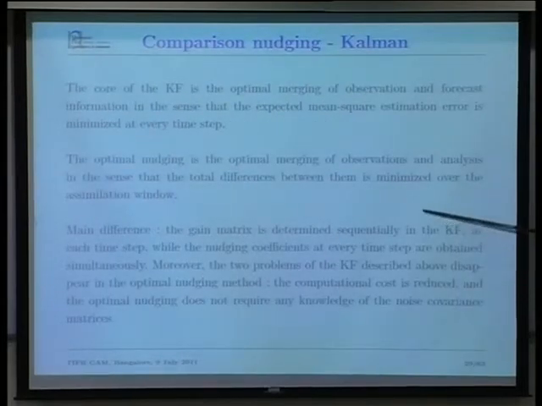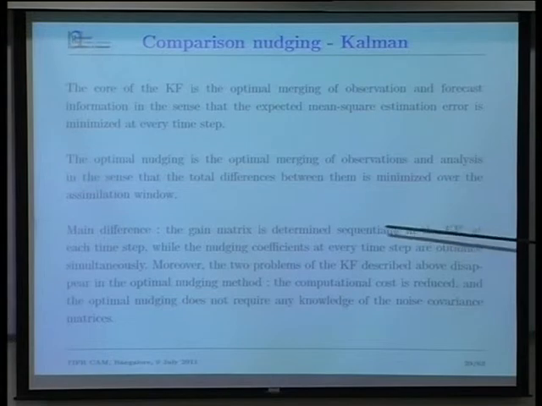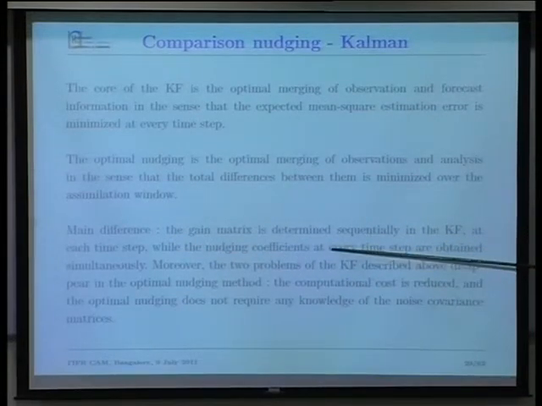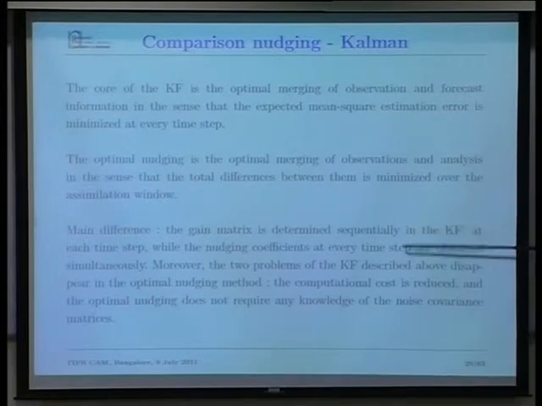In the Kalman filter, the gain matrix is determined sequentially at each observation time. And in the optimal nudging, you use the same nudging coefficients at every time step, and you determine the optimal coefficients in a variational way for all the assimilation window.